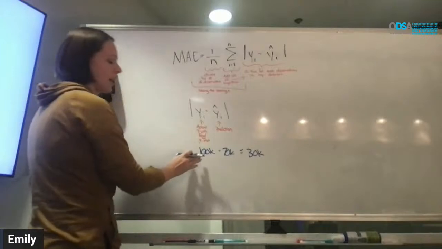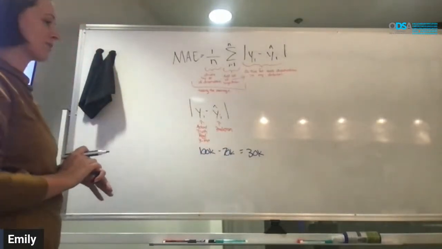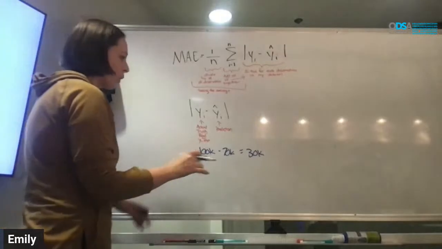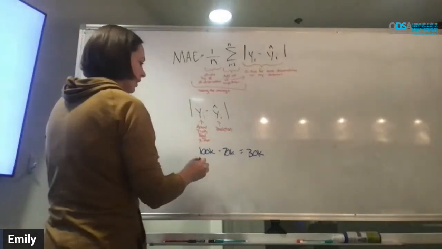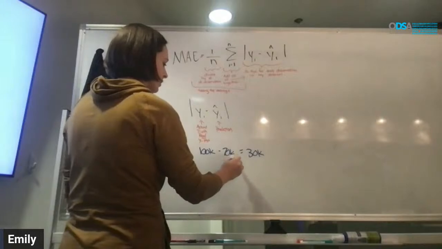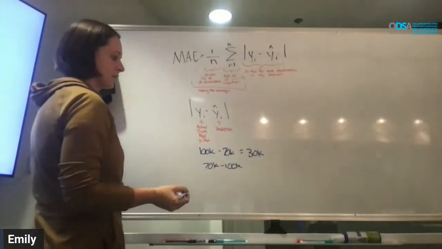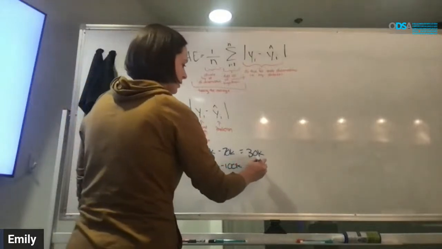So I did that backwards: 100,000 minus 70,000 is $30,000. Okay. Well, what if I predicted the house was $100,000, but it was actually $70,000? Well, that's negative 30.